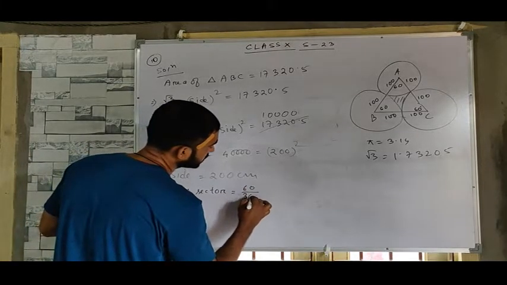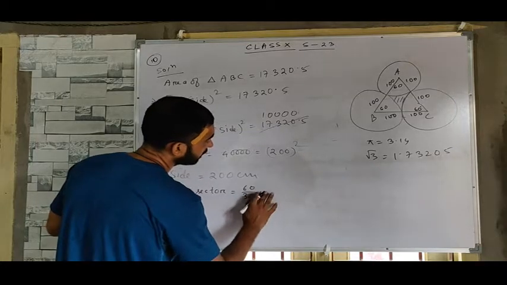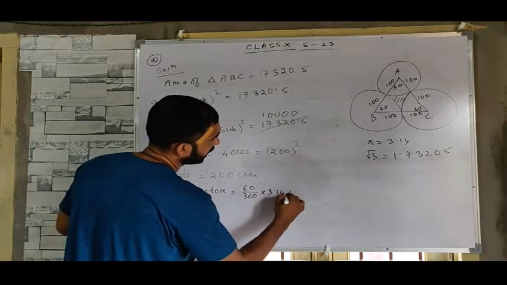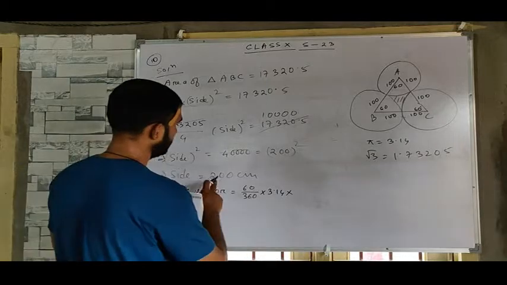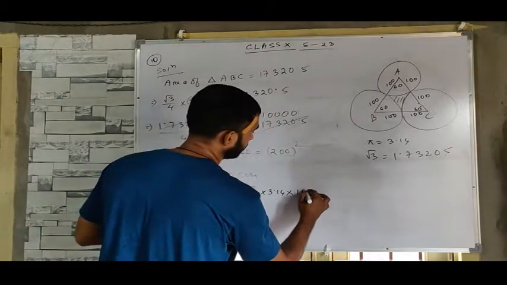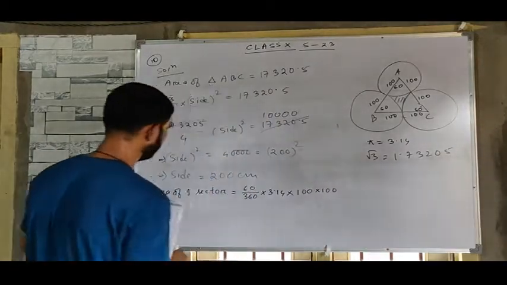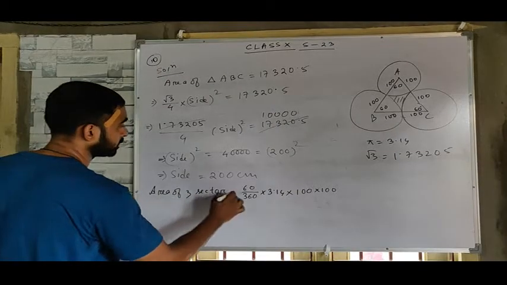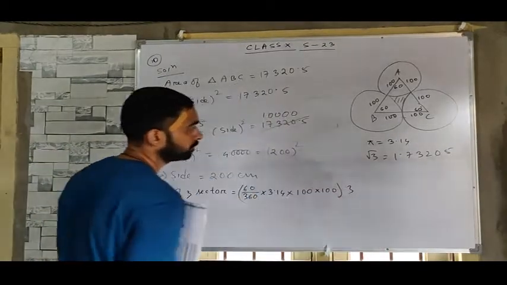Theta by 360 into pi r square. If the side is 200, then r equals 100. There are 3 sectors, so we multiply by 3.